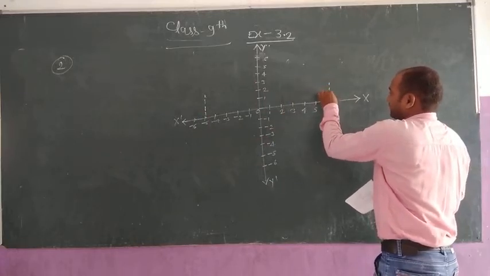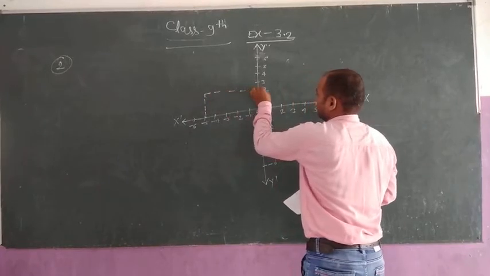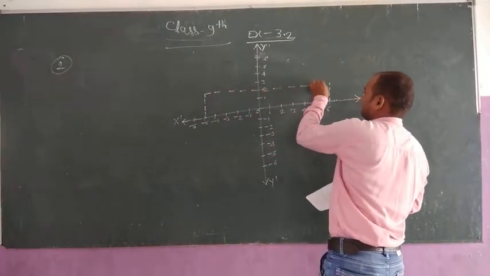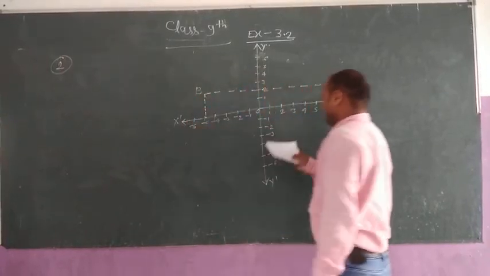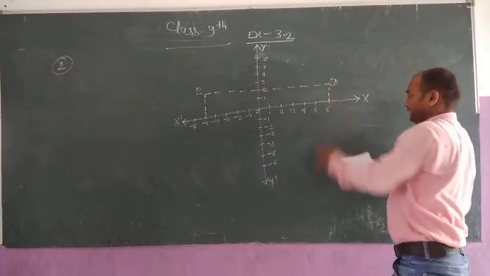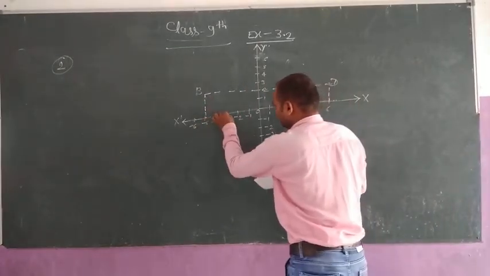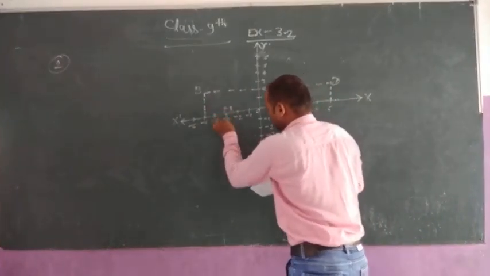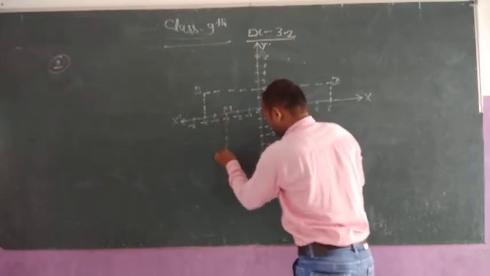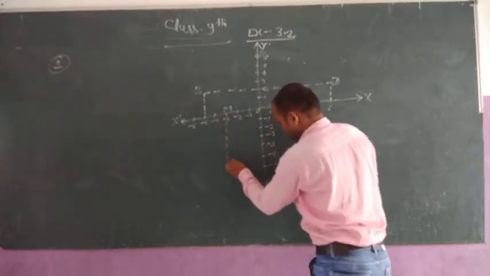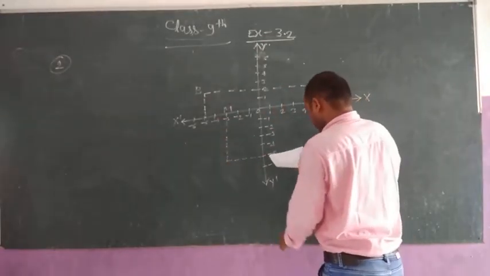Some figures are given. And this is point B, and this is point M, minus 5 and 5.